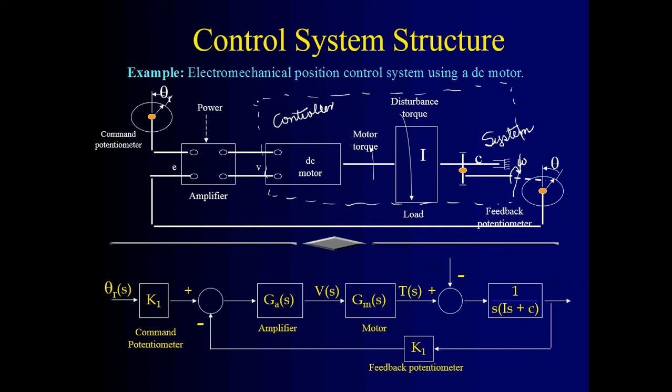Yeah. So here you have now, in the notation of the block diagrams, again your system here. You can see a second order system here. Okay. You have your feedback. This is the potentiometer here.